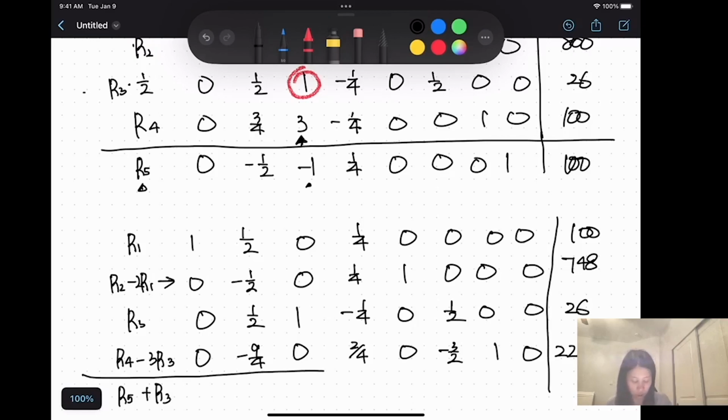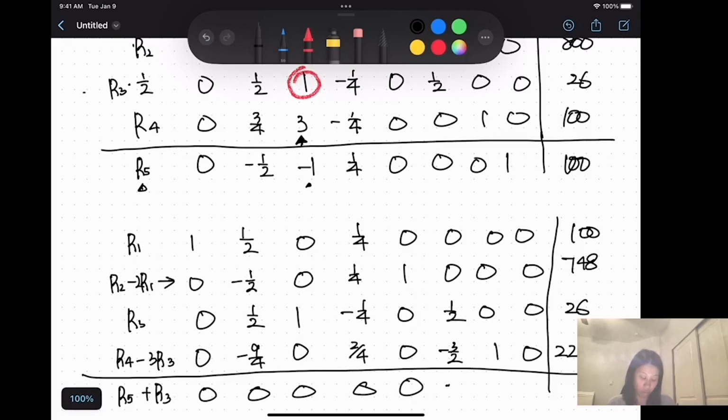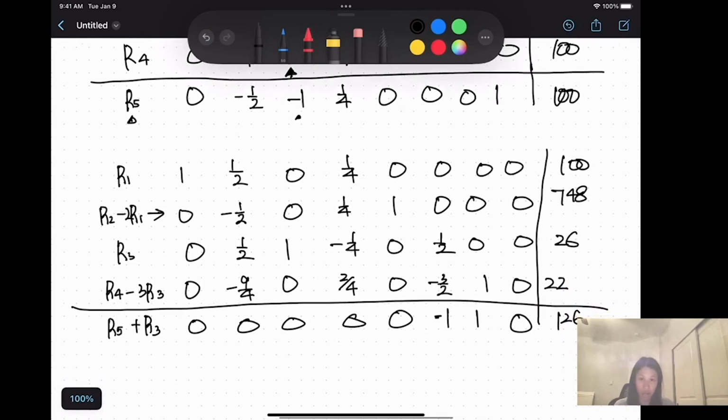So here you will get 0, 0, 0, 0, and 0, negative 1, because 2/3 add negative 3/2 add 1/2 is negative 1, and this is 1, 0, and this becomes 126. Okay, so now we have everything that we need.